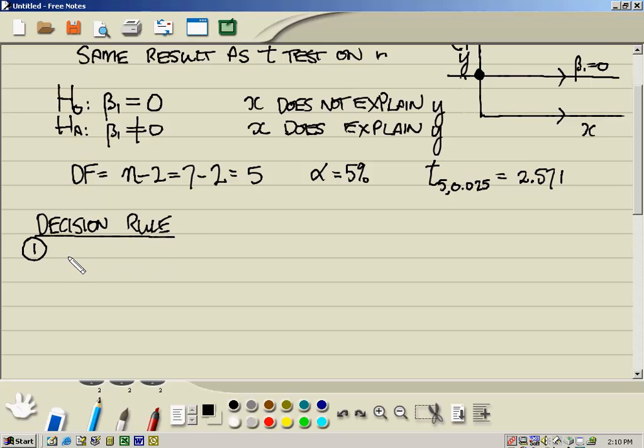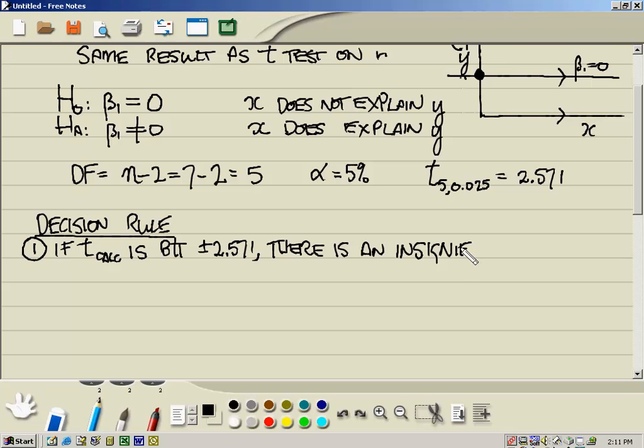And it'll be nearly identical to the one for the t-test on the correlation. So if t-calc is between plus or minus 2.571, there is an insignificant relationship, instead of correlation, but basically they're synonyms.